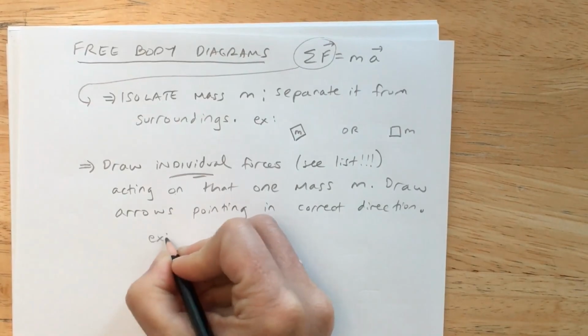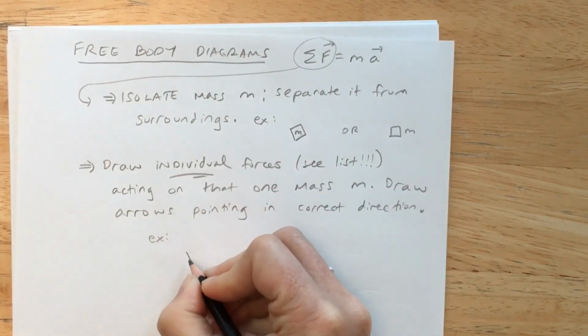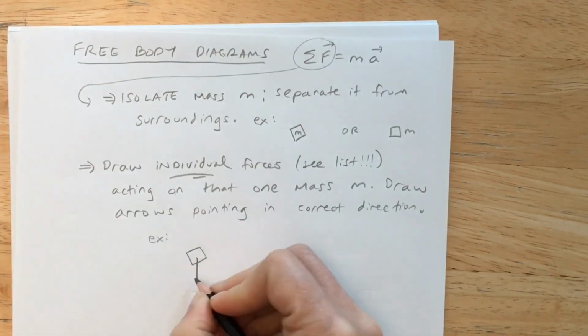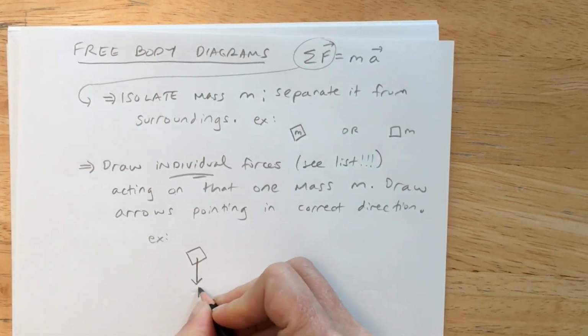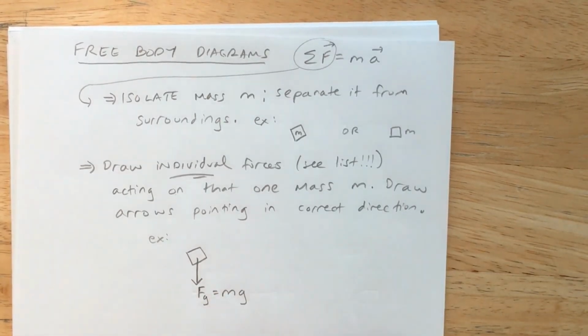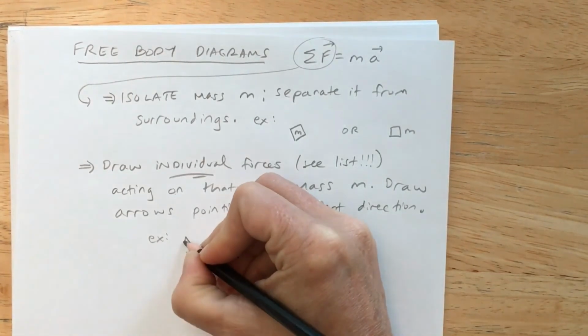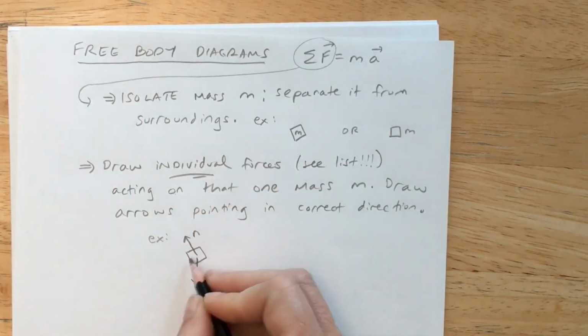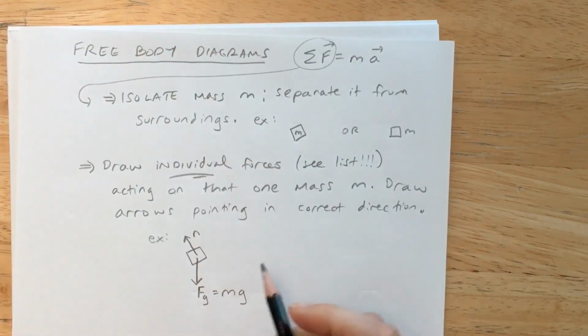So for an example, for the box on the ramp, I might have my object here, and then I'm going to have a downward force of gravity, which you can write as F sub g. You can also write that as mg. And then you're going to have a normal force. If there was friction, I would also add that in and it would act parallel to the ramp, but we're not doing friction yet.